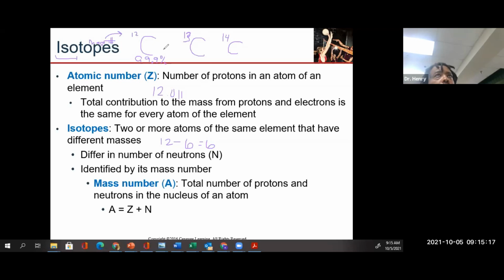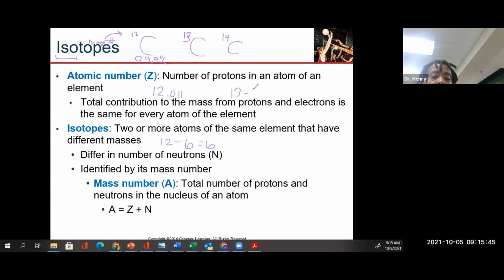So what about carbon 13? How many neutrons does carbon 13 have? So the new mass number is 13. So in this case, we'll take 13. Number of protons are never going to change.